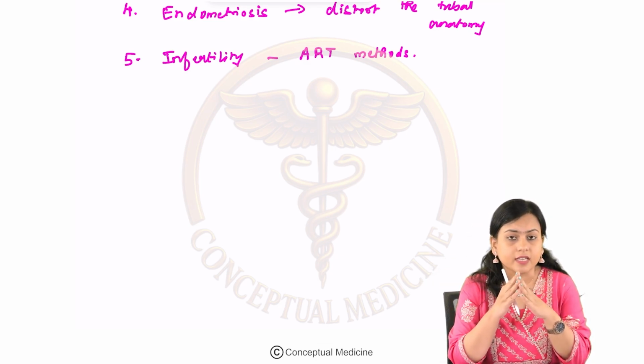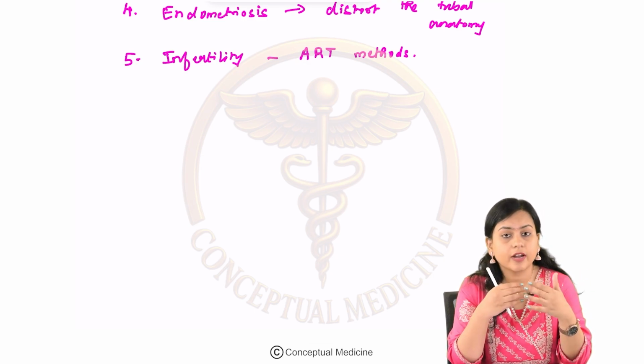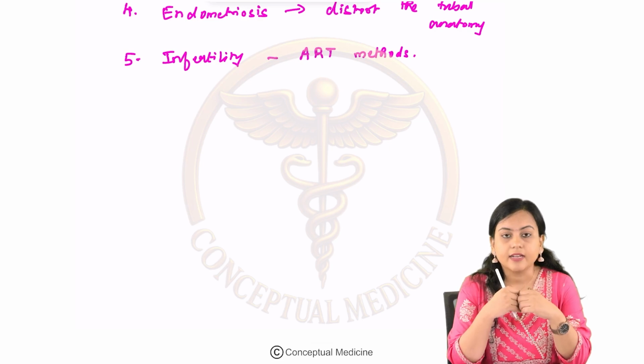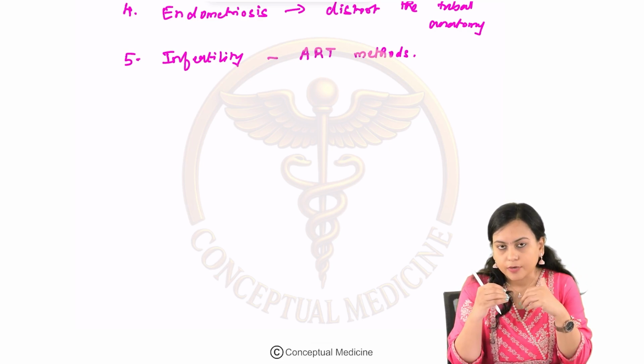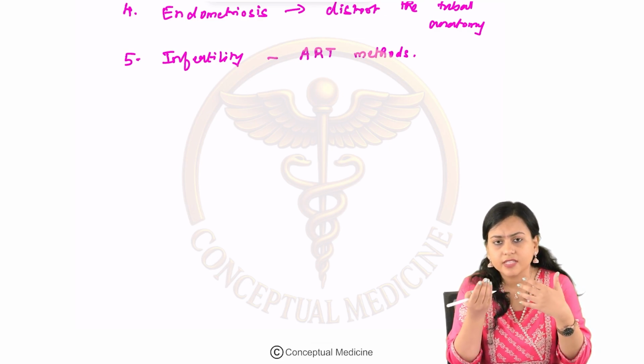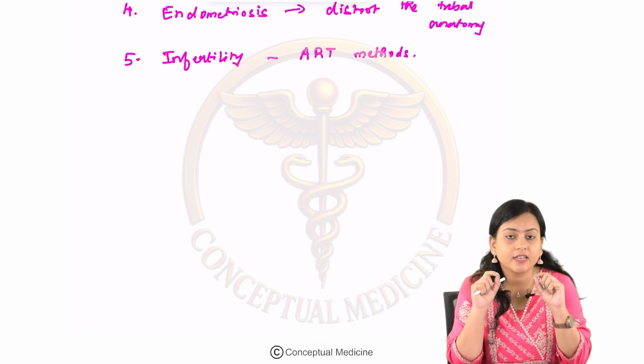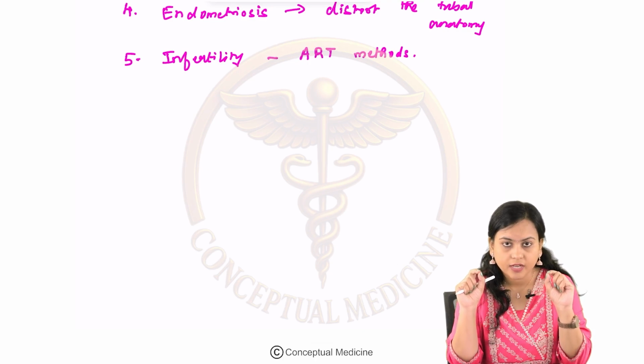Because in infertility, she could already have had an abnormality of the tubes. That could have been the cause of infertility, and during infertility management, she would have been put upon a lot of fertility drugs, namely clomiphene citrate or letrozole or gonadotropins, and these fertility drugs are going to cause immotility of the tubes. Can you understand?